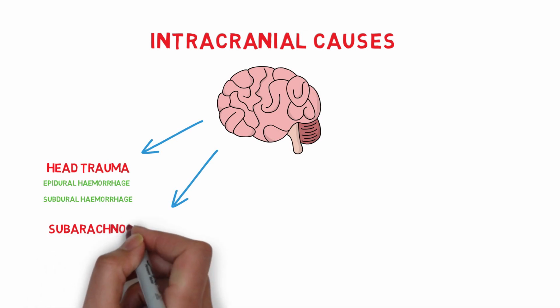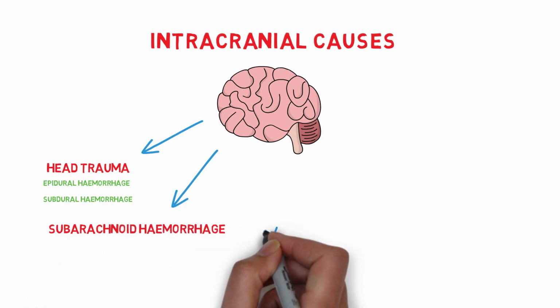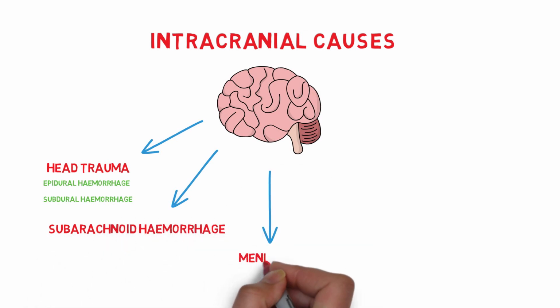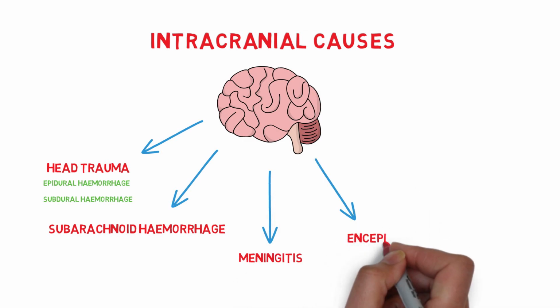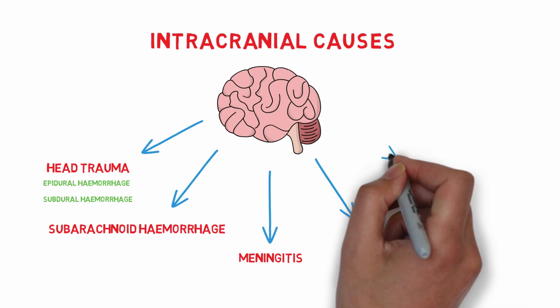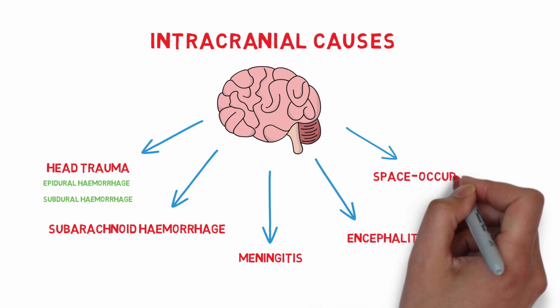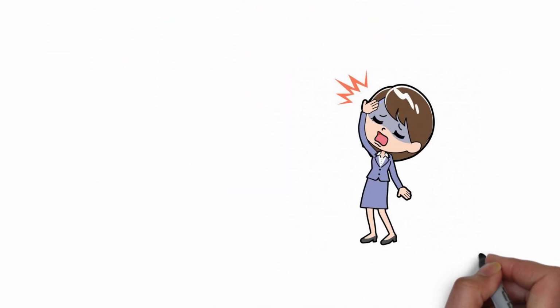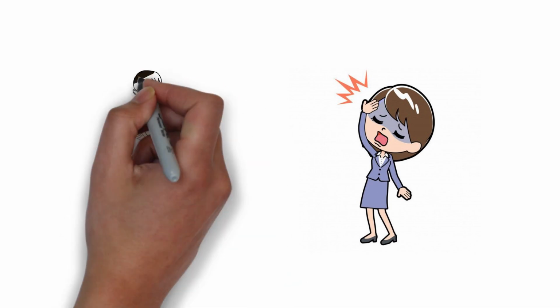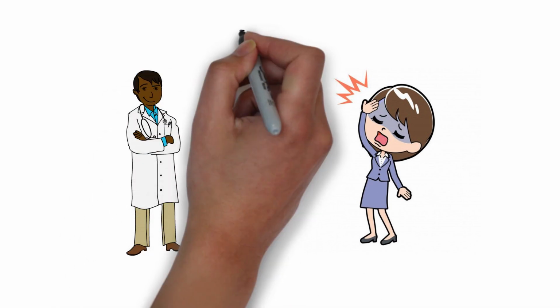Then subarachnoid hemorrhage, meningitis, encephalitis, space-occupying lesion. Let's now address a few important pathologies and the crucial questions we must ask.